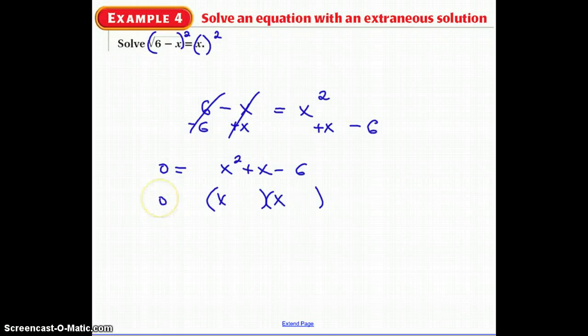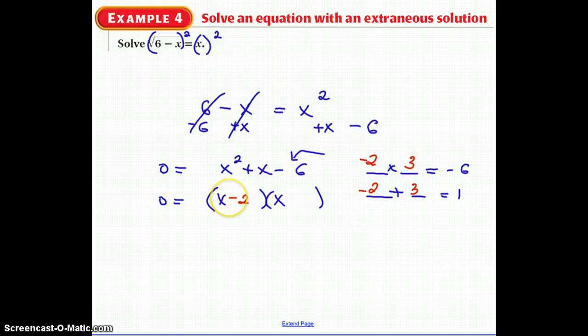And then I need to find two numbers. They need to multiply to negative 6, but they need to add to 1. And our two numbers would be 2 and 3. And because they're adding up to a positive 1, the 2 would be negative. So I have negative 2 and positive 3.